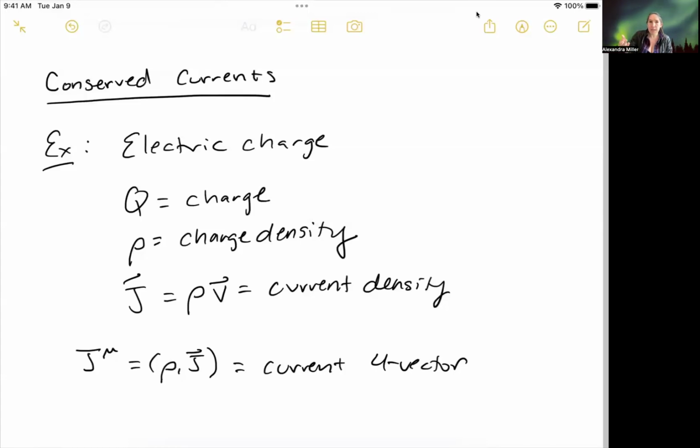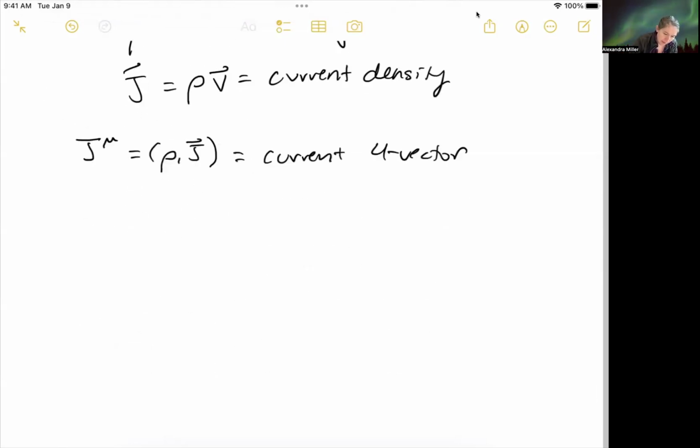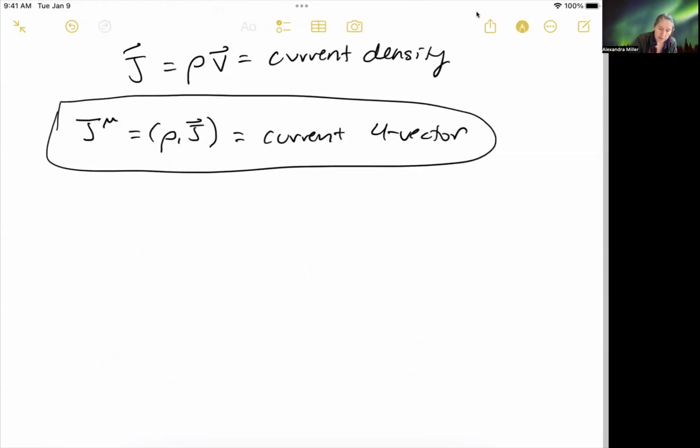And I've explained this in the example of electric charge, but we can have these current 4-vectors for any conserved quantity, not just for electric charge. So again, maybe I should box this. This is not just for this example.